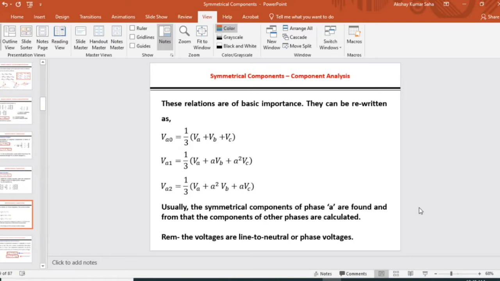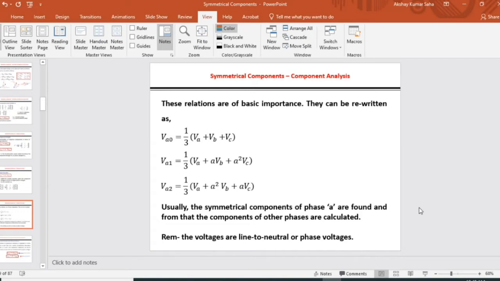And that's what happens when the system of voltages or the phasors is balanced. So if we say that VA, VB, VC is a balanced set of voltages, then we will arrive at a situation where there will be only one voltage, either VA1 or VA2.